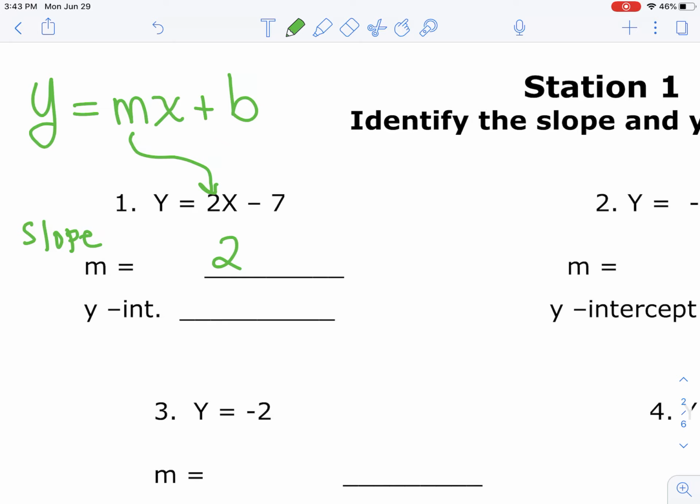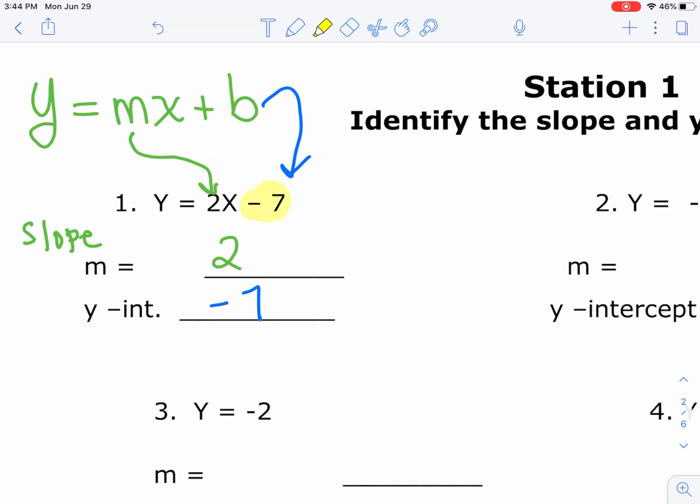It's increasing. And your y-intercept is going to be your constant, your negative 7. Please don't forget about the sign that is associated with that term. All right, so our y-intercept. So we're just looking at y equals mx plus b right now.